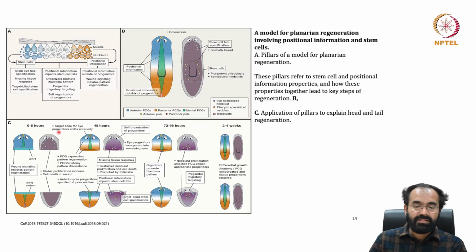Like A, B, C, D, all this pattern we have seen is discussed clearly. That means PCGs are important, and also the gradients are important, which in turn decide the PCGs. And also what happened at 0 to 6 hours, 48 hours, 70 to 96 hours, and 2 to 4 weeks.